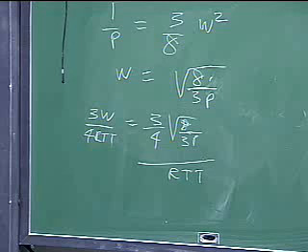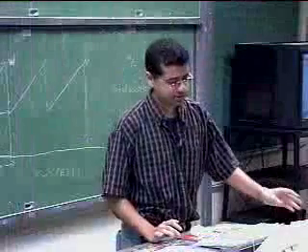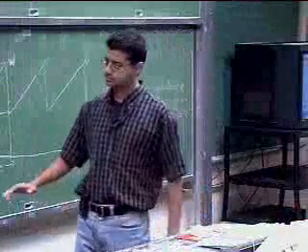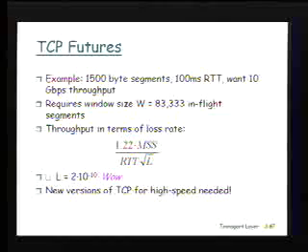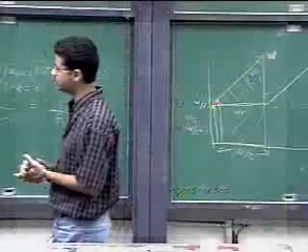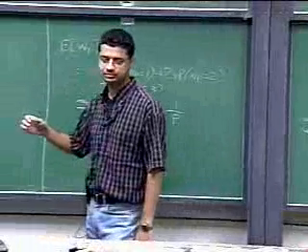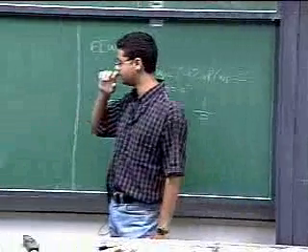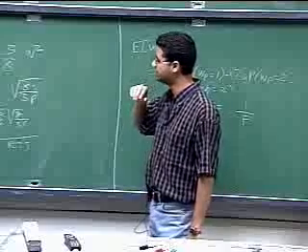Right now we have an explicit characterization of the throughput in terms of the loss probability and the round trip time. This formula is also famously known as the square root P formula. It's quite often used in practice in approximation.